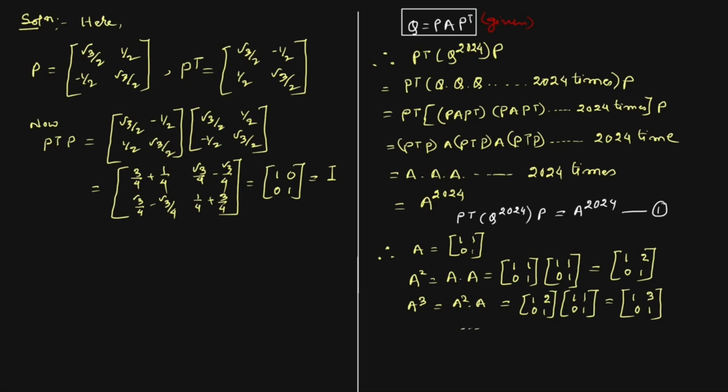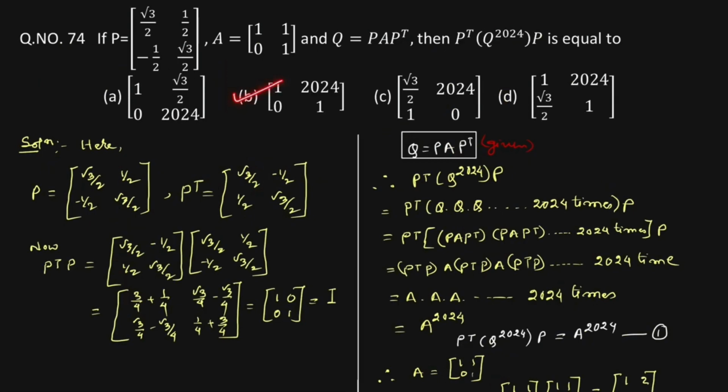So in this way, if you proceed, then we will get A to power 2024, which we write as [[1,2024],[0,1]]. So this is our answer. Option number B is the correct option.